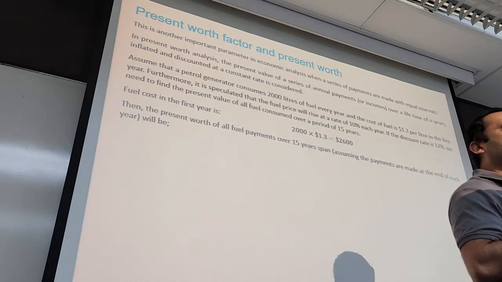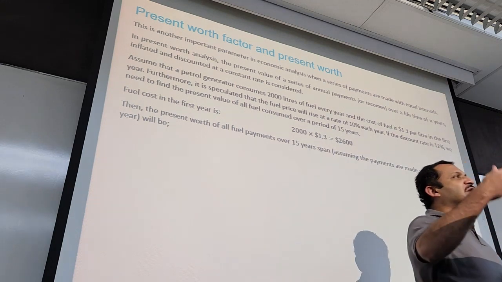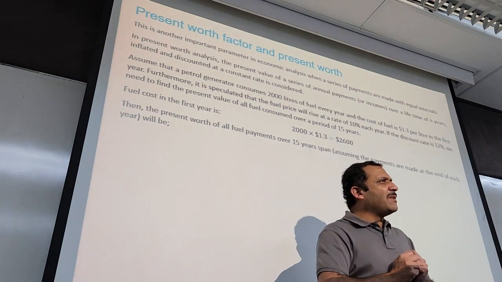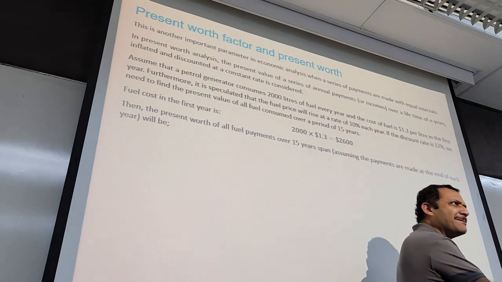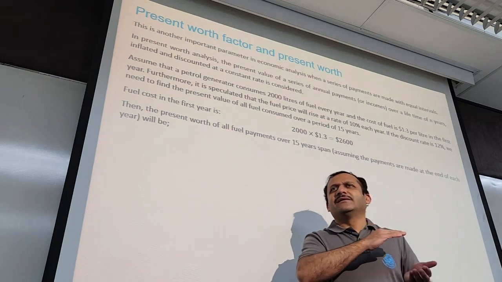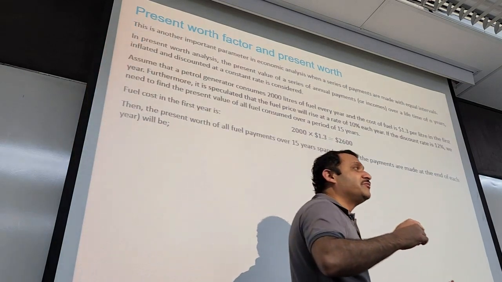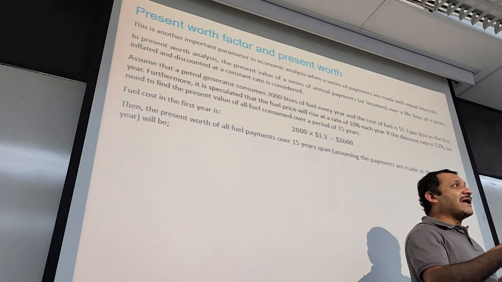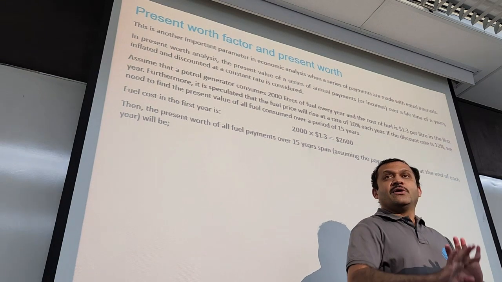Rather, what can I do? Because the whole purpose of me holding the fuel is securing my energy future. One of the ways to secure the energy future will be, rather than me buying the fuel, is there any way we can estimate how much money I need to put in the bank today, making some assumptions that it will continue to gain interest, fuel prices will continue to rise, but I would have enough money in the bank that I don't need to put anything out of my pocket anymore for the next 15 years.